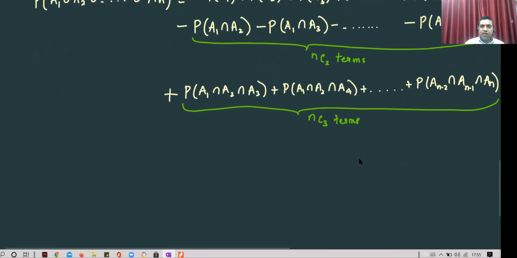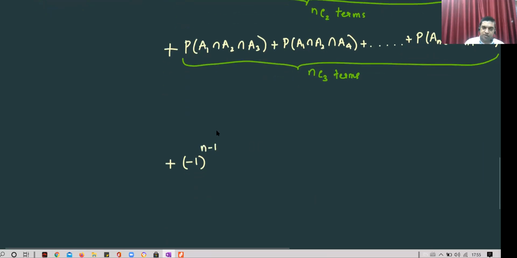So now it depends on n. When n is 2, it is negative. When n is 3, it is positive. Last one will be minus 1 to the power n minus 1 P of A1 intersection A2 and so on, all at a time.